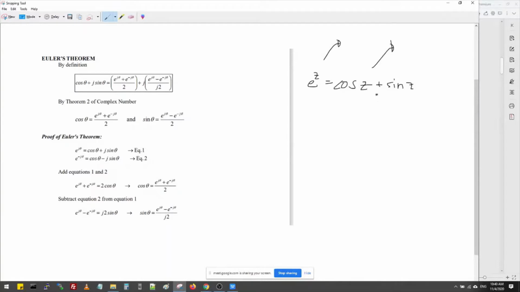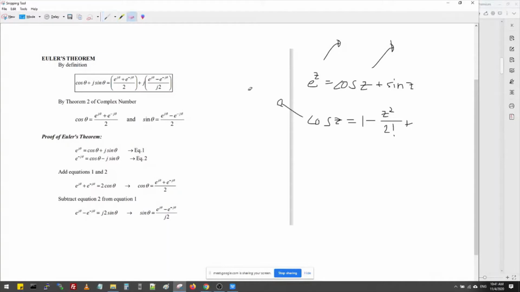If we use the series expansion of the functions in our complex plane, this cosine z, using the Taylor expansion, has an equivalent series. This would be 1 minus z squared over 2 factorial, and so on.